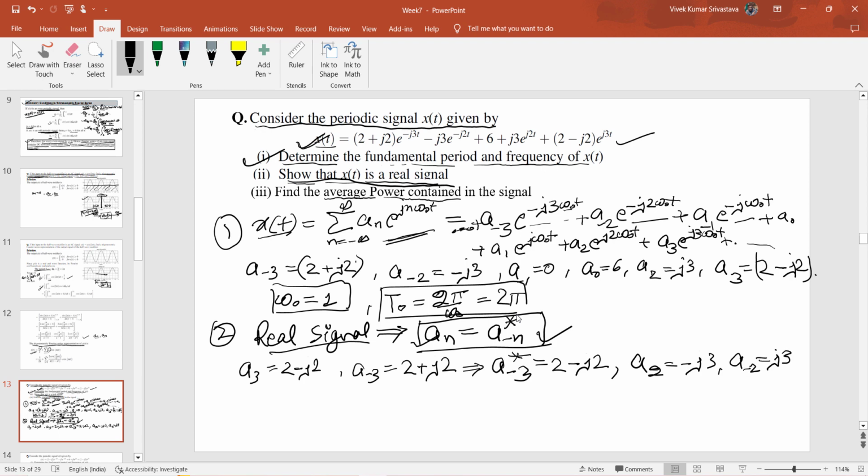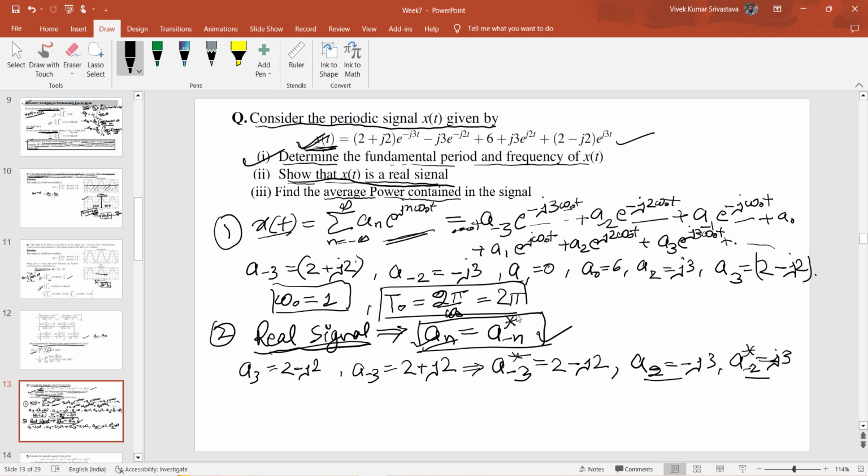Taking the conjugate of this gives minus j3, so this coefficient also satisfies the condition, that is a of n is equal to a of minus n conjugate. It means that the signal given to us is a real signal.